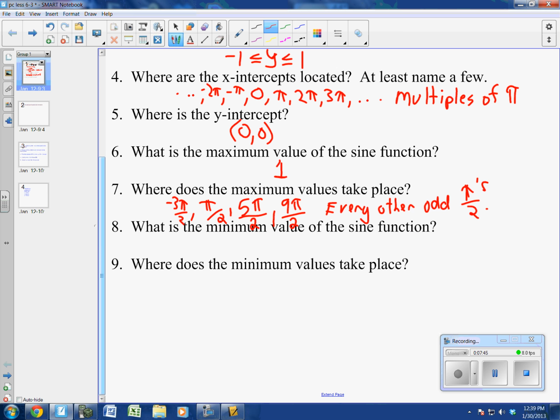Okay, question number 8. What is the minimum value, everybody, of the sine function? -1. That's the lowest value it ever gets to. And where does the minimum value take place? What's the first one going to the right from 0? Come on, help me out, you guys. 3/2 pi is the first one.